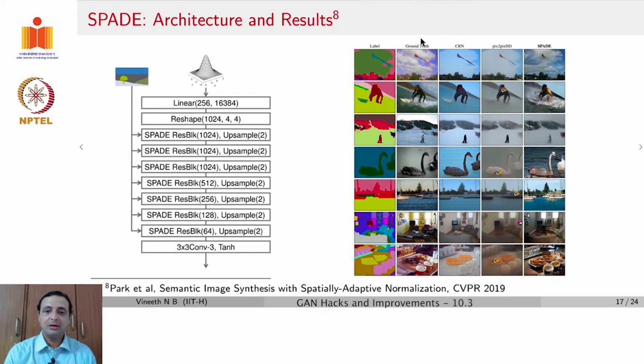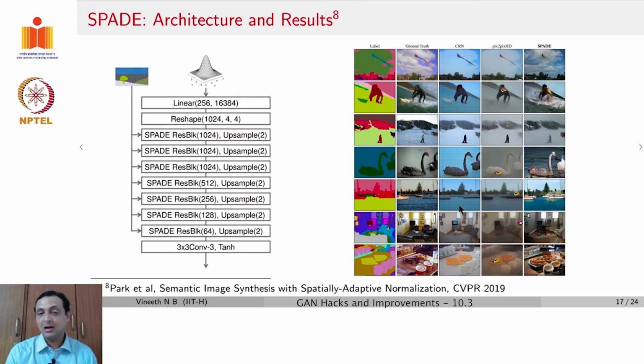You can see here that the semantic segmentation output is given as the input to SPADE. These are masks of semantic segmentation, pixel-wise class labeling, and this is the actual ground truth image corresponding to these masks.